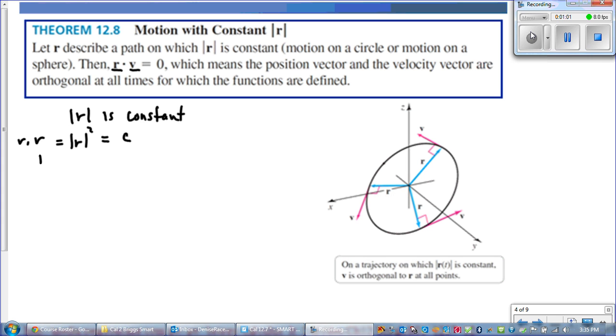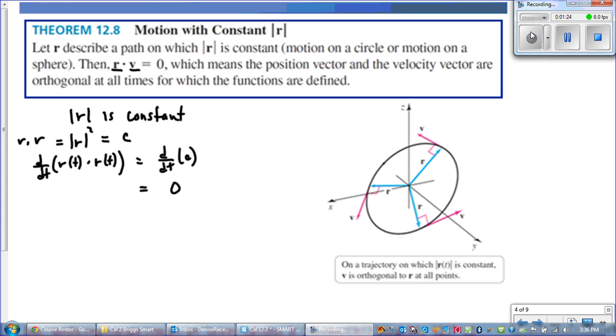I want the derivative of R dot R. Now we're assuming that R is a function of t. And that's going to be the derivative of the constant C. Well, we know the derivative of a constant is just 0.